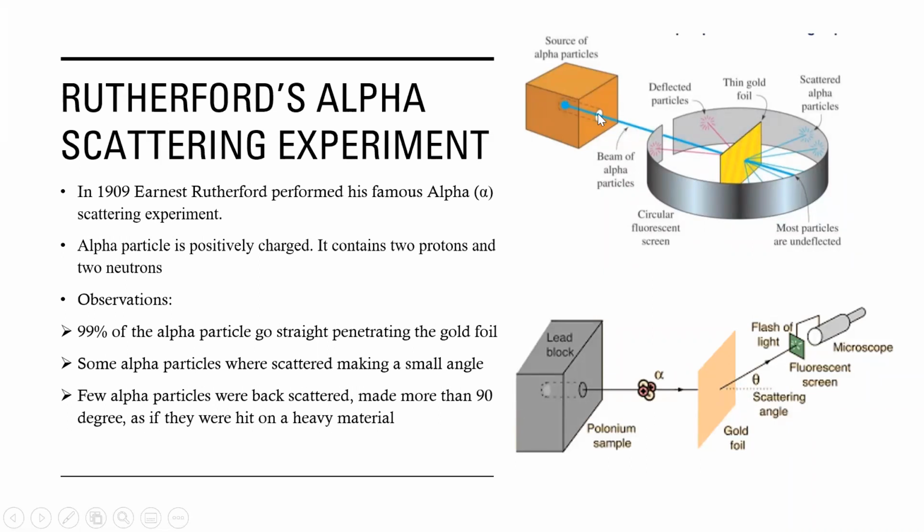So the narrow beam of alpha particles was made to hit a very thin foil made of gold. So a thin foil made of gold was kept in the path of this alpha particle beam. And what happens to the alpha particle beam that comes out of this thin foil was checked by a zinc sulfide screen.